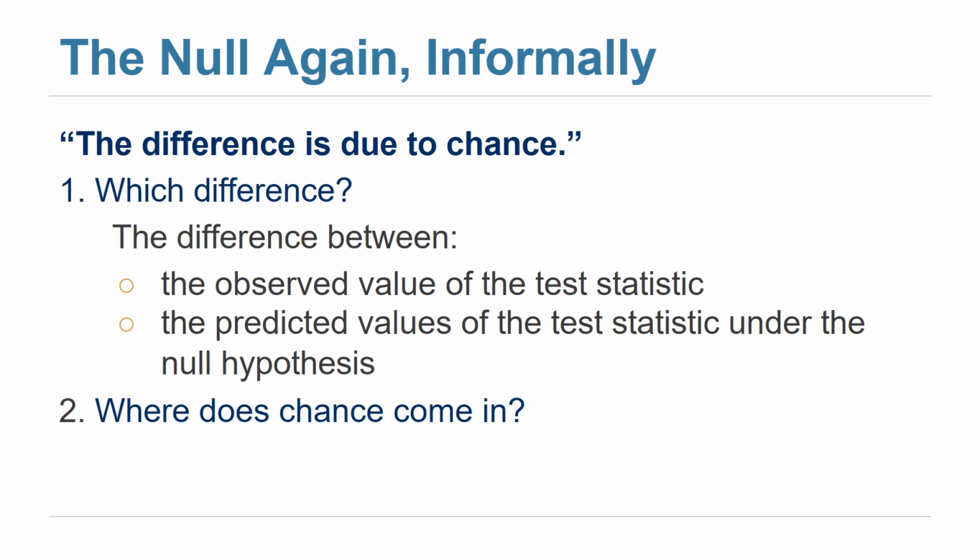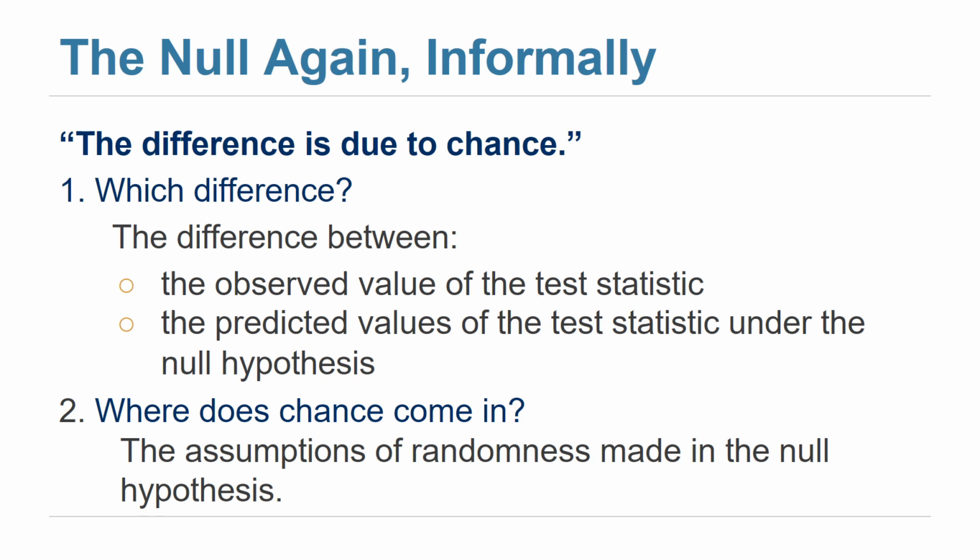Where does the chance come in? The chance comes in from the null hypothesis, from the assumptions about the model in the null hypothesis. Okay, so we assume always that in the null hypothesis there is a random process. So there is randomness somewhere. So that's where the chance comes from.